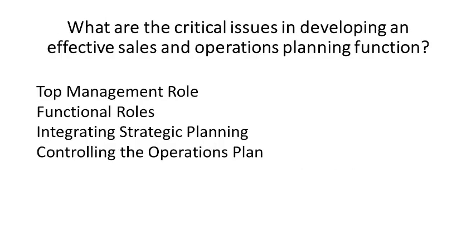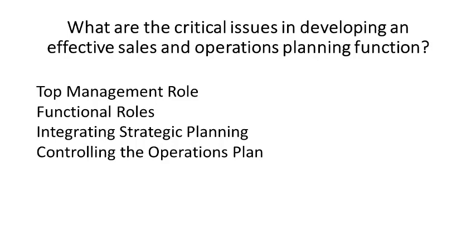Question 3 is what are the critical issues in developing an effective sales and operations planning function? Top management role. Top management's first obligation is to commit to the sales and operations planning process. Functional roles. The primary obligation under sales and operations planning is to hit the plan for all functions involved: manufacturing, sales, engineering, finance, and so on.